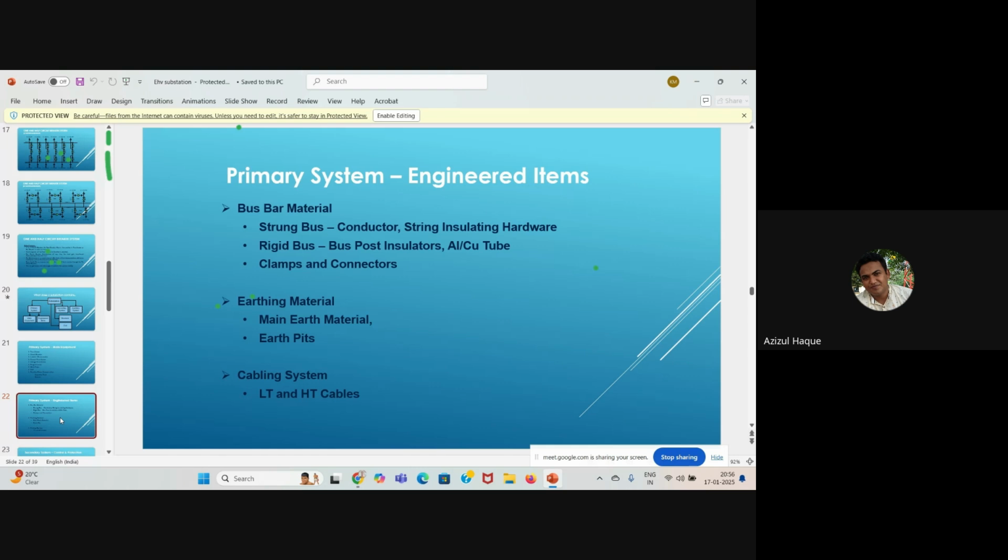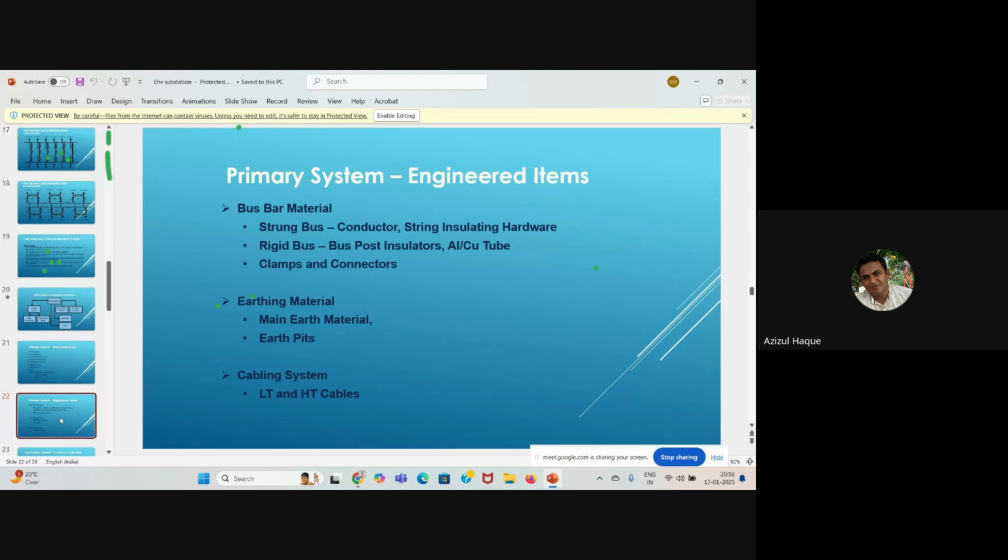You have to calculate how much busbar material is required for my substation, how much earthing material is required, how much cable is required and of what size. All these need detailed engineering based on the capacity of each circuit and the total number of feeders of the substation. You have to design these quantities and accordingly procure. These are not fixed single items.